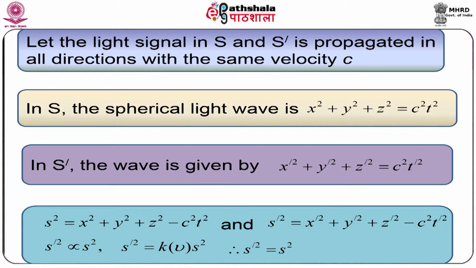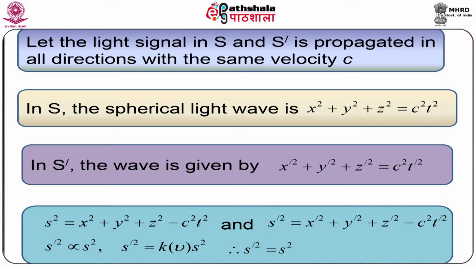Let us consider that a light signal in frame S and in frame S' is propagated in all directions with the same velocity c. In S, the spherical light wave is given by x square plus y square plus z square equal to c square t square. x, y, z are the space coordinates, while t is the time.